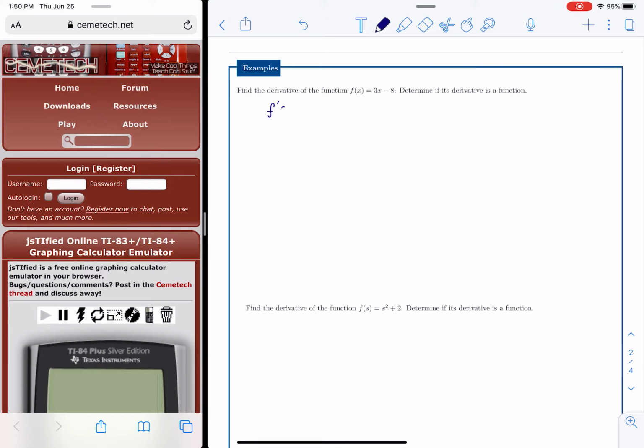So f prime of x would be equal to limit h approaches 0, f of x plus h minus f of x divided by h. So we have 3 times x plus h minus 8 minus 3x minus 8 divided by h.